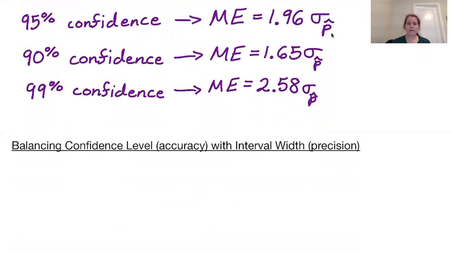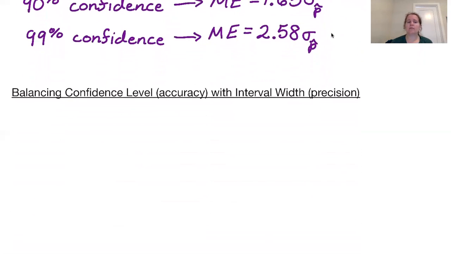The other thing we want to take a look at is just noting that we want to balance confidence level, which is our measure of accuracy, with interval width or precision. So essentially, confidence level, we're looking at how likely our process is to yield an accurate result.